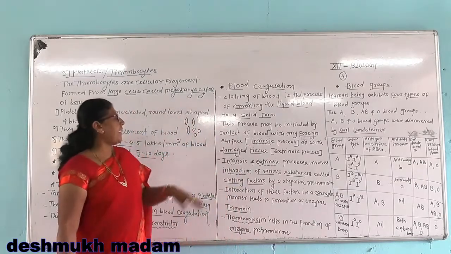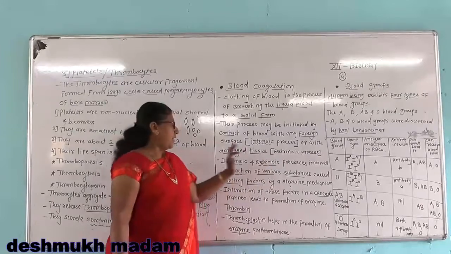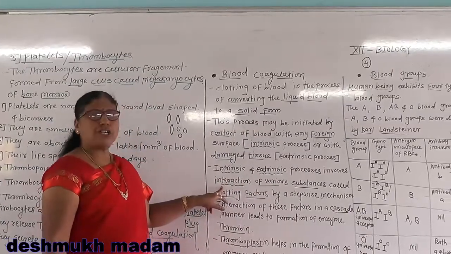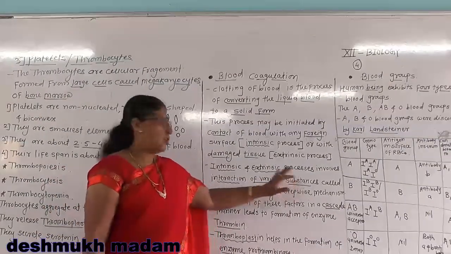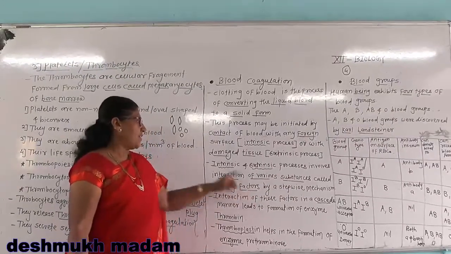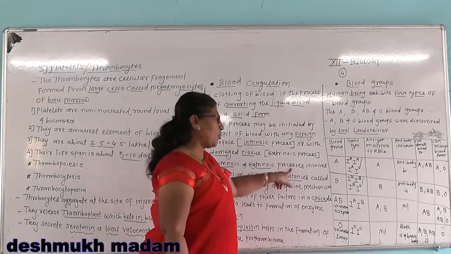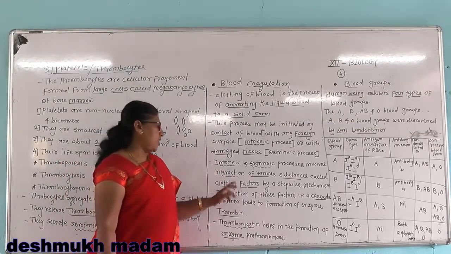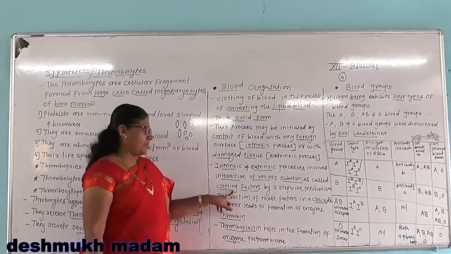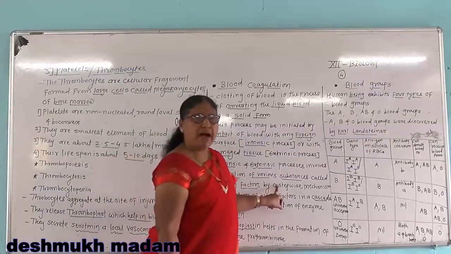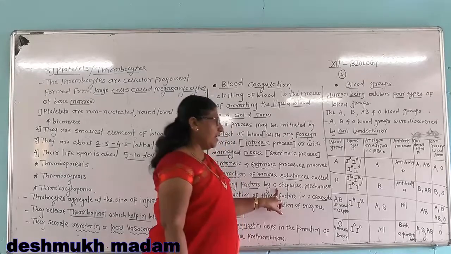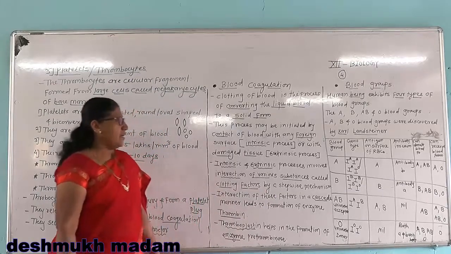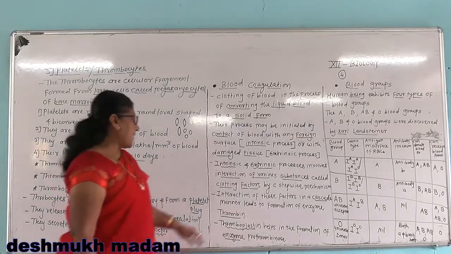The intrinsic and extrinsic processes involve interaction of various substances called clotting factors in a stepwise or cascade manner.